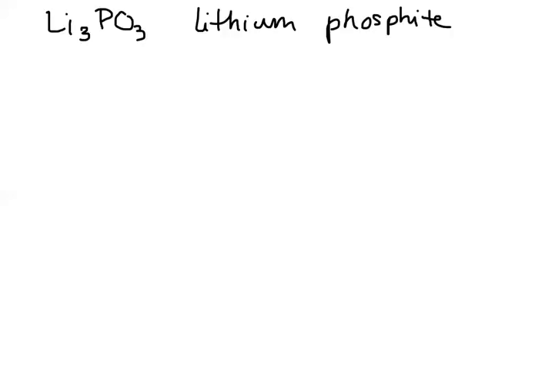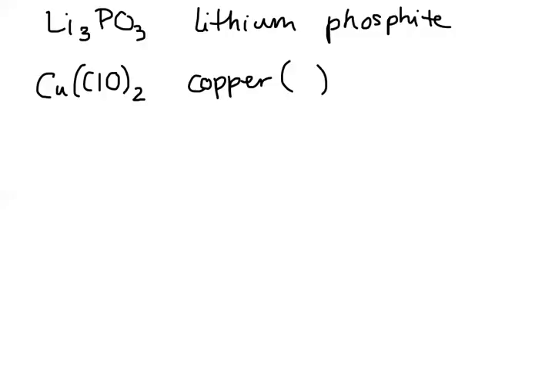How about Cu(ClO)2? Notice that the 2 is on the outside of the parentheses, so the anion is ClO. What type of cation is this, type 1 or type 2? Type 2, because it's a transition metal that's not zinc or silver. So it's copper, and we don't know the charge yet. We're going to save that till the end.